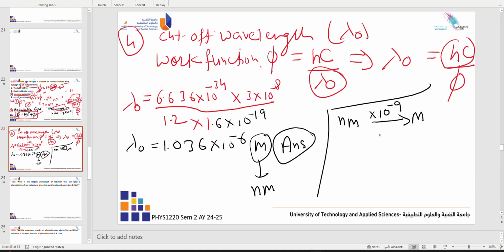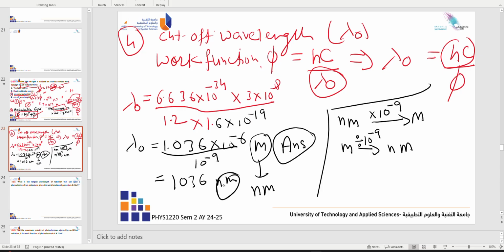If it is the opposite, changing meter to nanometer, then you have to divide by 10 to the power minus 9. So in this case, the answer will come 1036 nanometer.